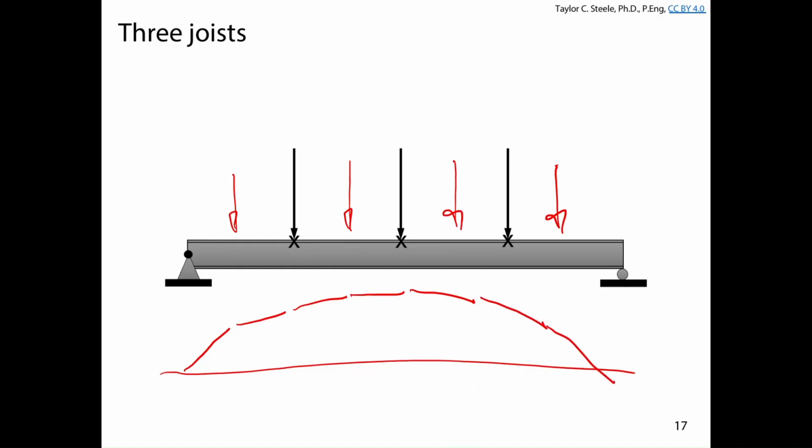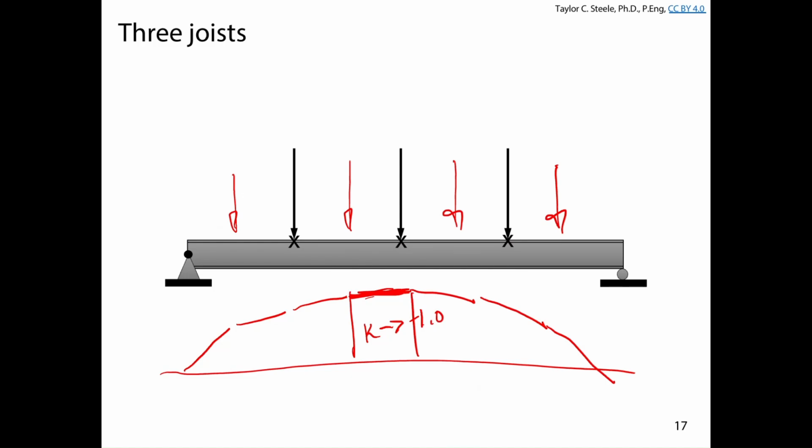What I'm trying to get at is that this moment diagram is going to get closer and closer to kappa equal to minus 1. So as we add more joists, kappa approaches minus 1, which means omega 2 gets closer and closer to 1.